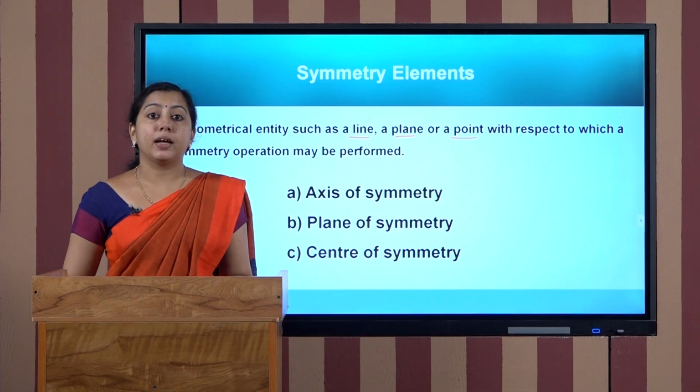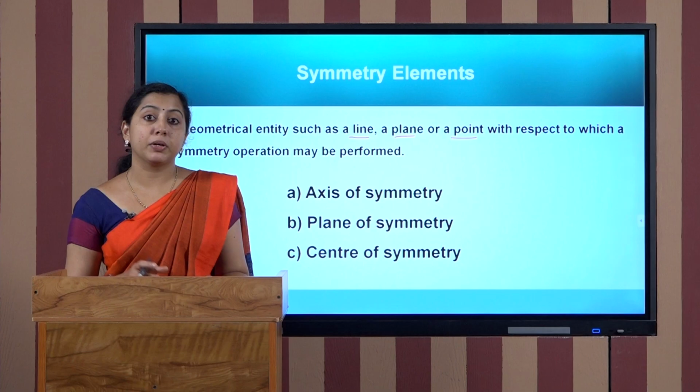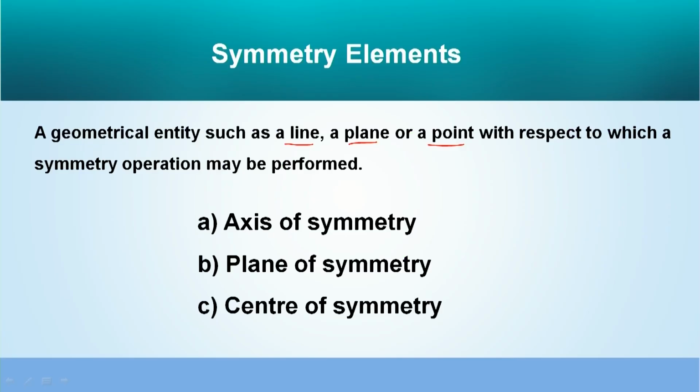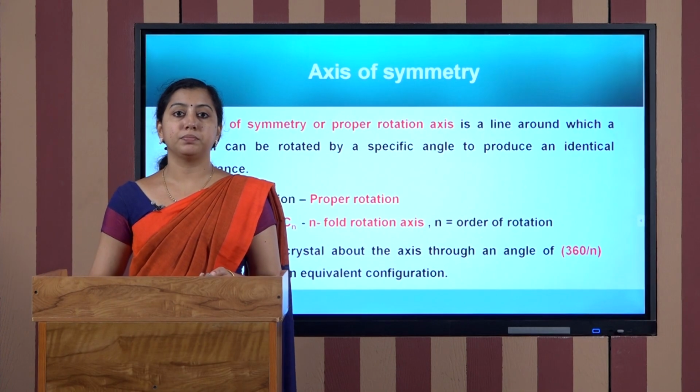Generally, there are three elements of symmetry with respect to crystals. The first one is axis of symmetry, plane of symmetry and center of symmetry. Now, we will discuss it one by one.